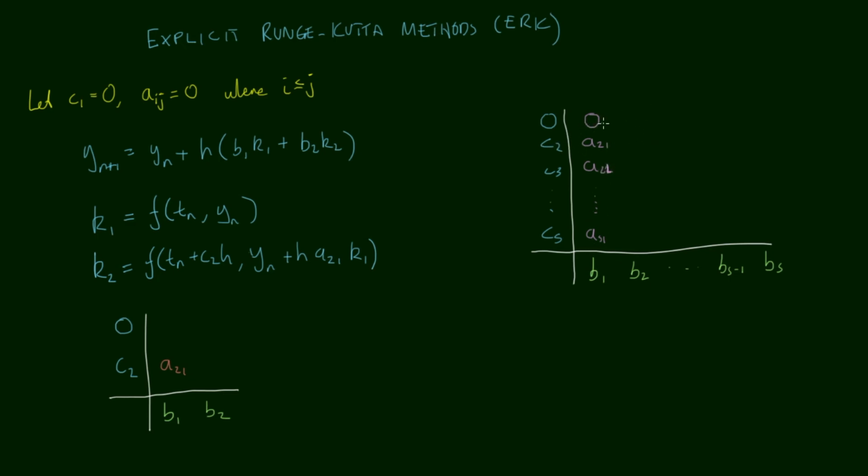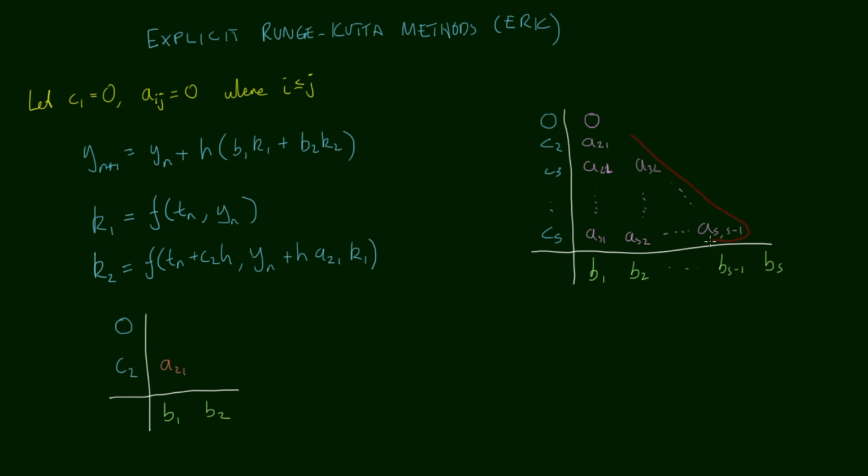If I go across to the next column, a12 will be 0, so I'm going to ignore that for now. a22 is also 0, but a32 is non-zero, going all the way down to a_s2. This behaviour carries on, and what we have is this lower triangular format, ending with a_s,s-1 to get the index right. So we have this lower triangular format to our A values.